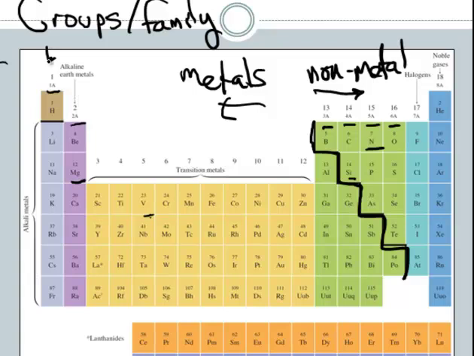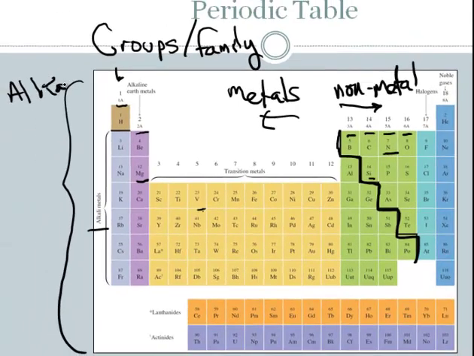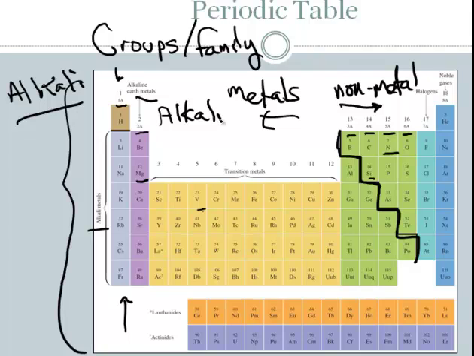Anyway, the first group we refer to as the alkali metals, and that's spelled A-L-K-A-L-I, the alkali metals. That's group 1. Group 2 are the alkaline earth metals. So just to make that spelling a little bit better, we call those the alkaline earth metals. This section here we call the transition metals.